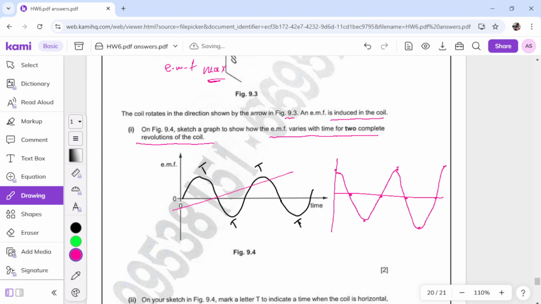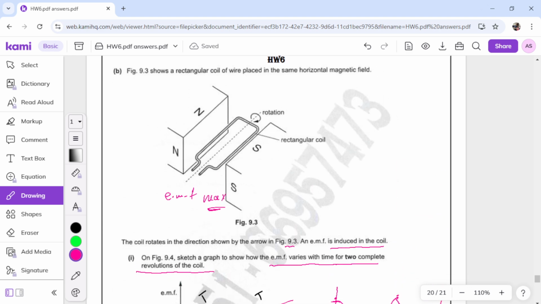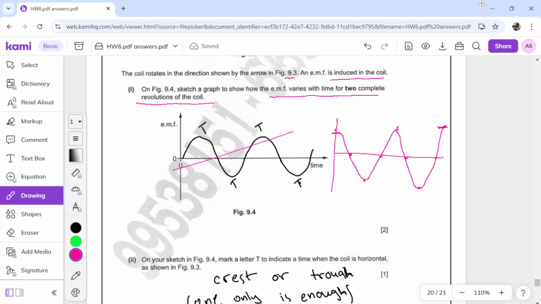So we start from maximum and stop at maximum, because he placed it in the same horizontal magnetic field. So I will replace this answer with this answer. This will be the most correct.